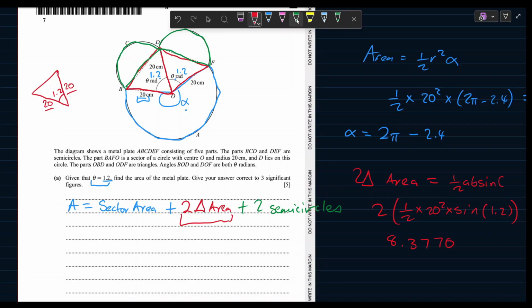And then finally, we need the area of our two semicircles. So for the semicircles, we then need to know the length of the third side on our triangle first. So if we can find this length that I've labeled x, which would be the diameter of our semicircle, then we would be able to find the area of our semicircle.